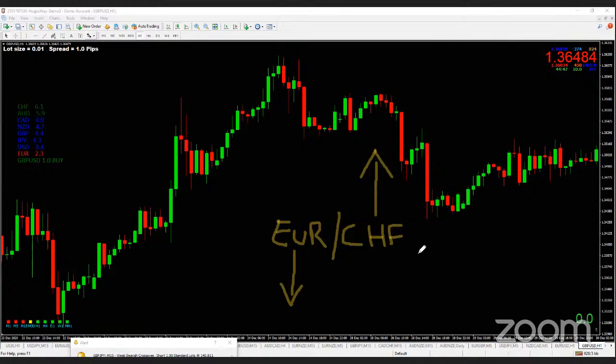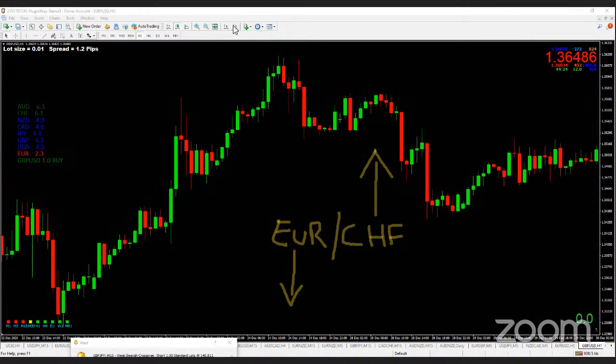Which means that if we were to bring up that chart now, because the euro is weak and the CHF is strong, the pair will be trending down. Presumably that is what we are going to be seeing.